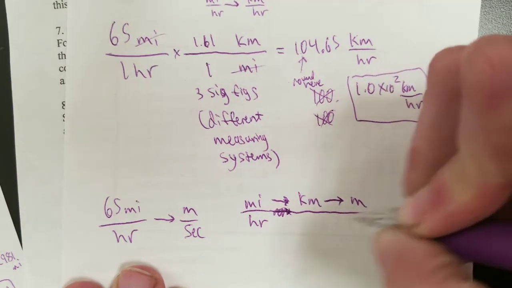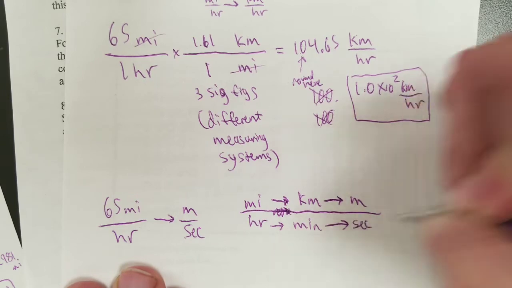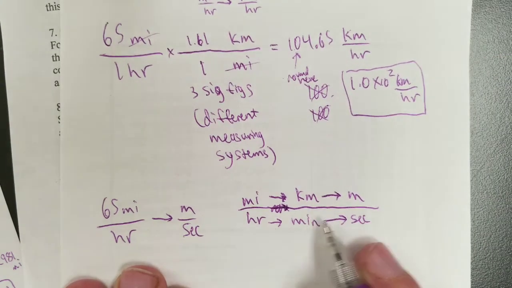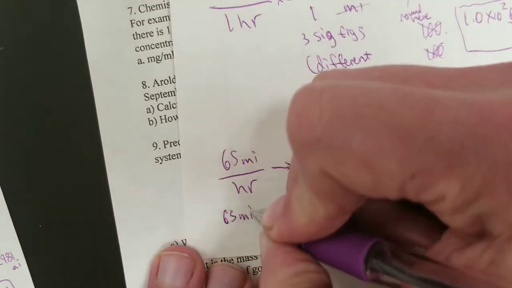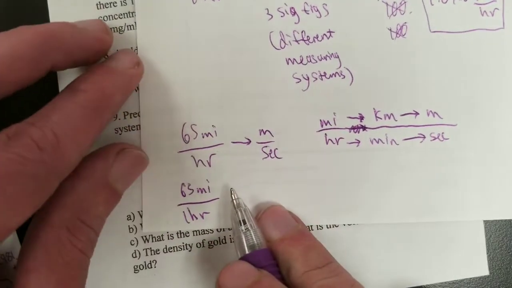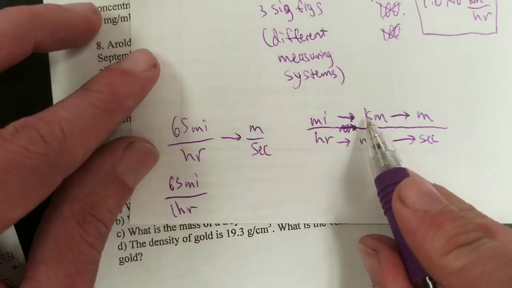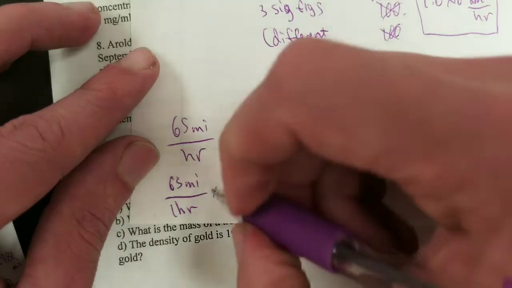For the bottom, hours can be turned into minutes, and minutes can be turned into seconds. So we're basically going to do 2 conversions, one for the top units and one for the bottom units. It doesn't matter which I do first. I'll start with the top unit: miles to kilometers to meters.